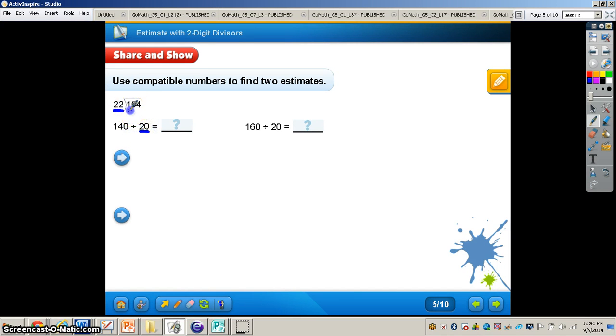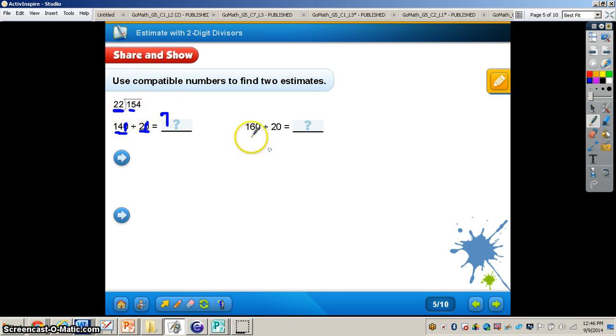Then we need to look at that 15 and think of a number close to 15 that's compatible with 2. That's 14. Then change that 4 to a 0. Now we divide. We can cross out a 0 in the dividend and a 0 in our divisor. Now we just have 14 divided by 2, which is going to give us 7. So let's write 7 in there.